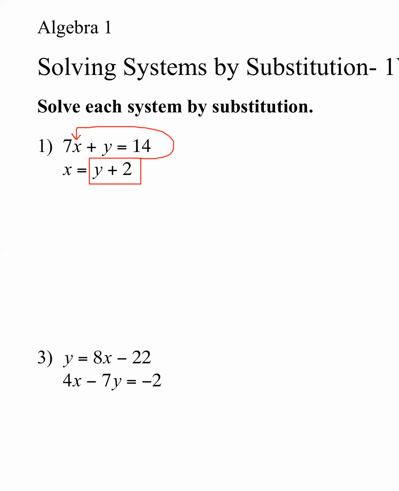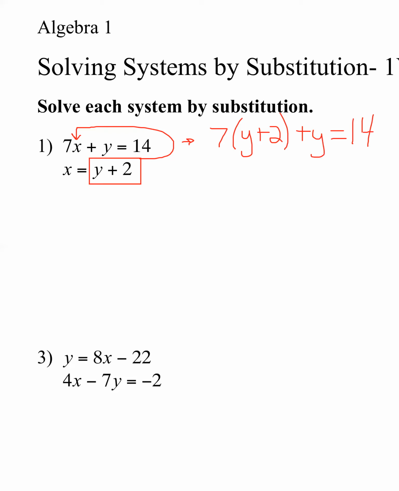Look at how I write it too. I'm going to do it over here. I'm going to rewrite this first top equation, but replace that x with y plus 2. So it's going to look like this: 7, and then I am multiplying by x, so I want to multiply by all of that y plus 2, because I'm going to put that in instead of x. And then I'm going to finish the rest of the equation, plus y equals 14.